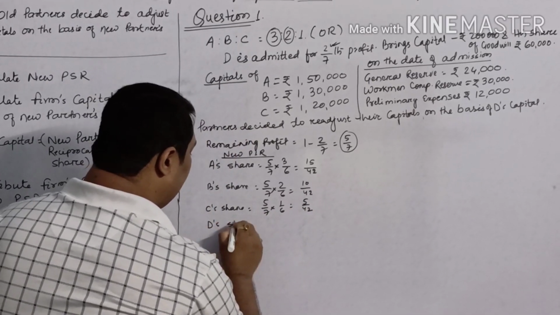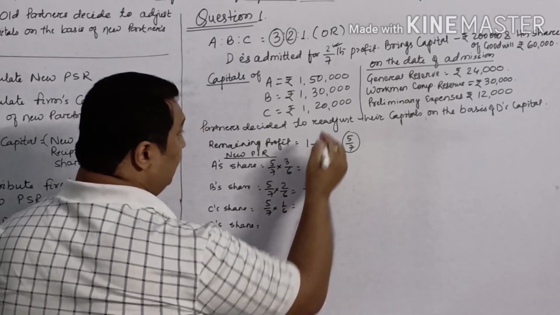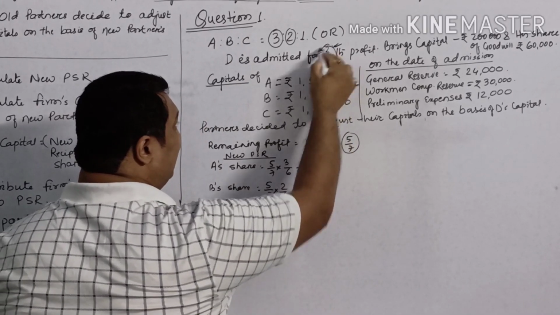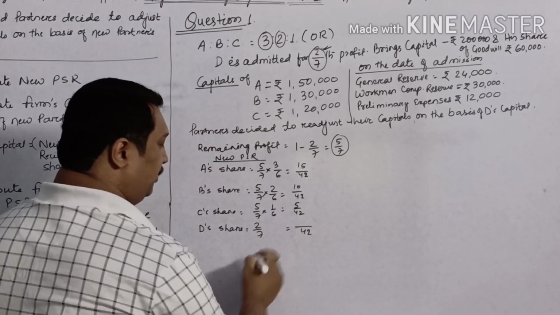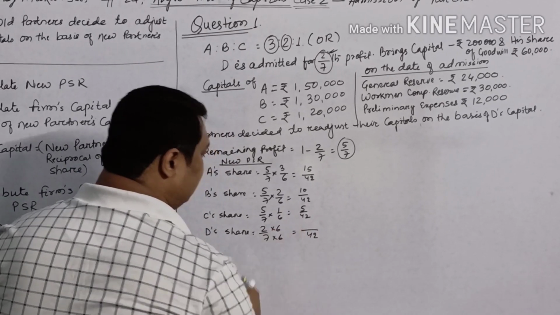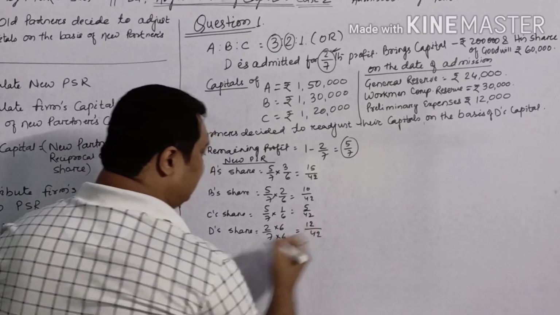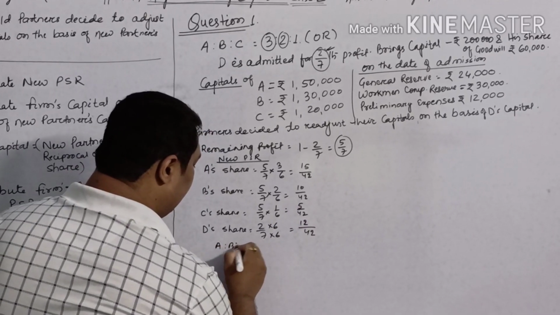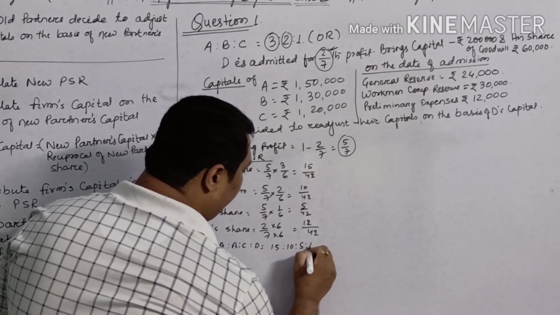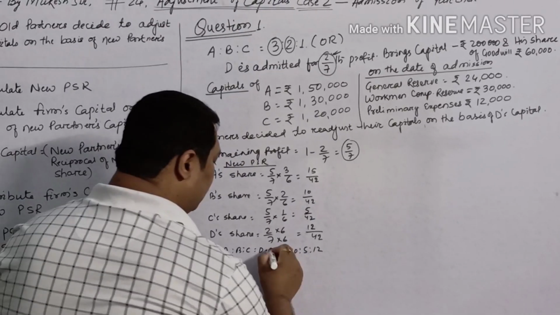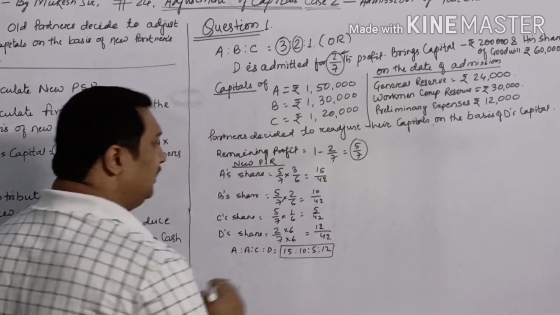And we can rationalize D's share. D comes for 2/7 share, and since our denominator is 42, we rationalize it by multiplying with 6. So our new profit sharing ratio will be 15:10:5:12. So this is our new profit sharing ratio.